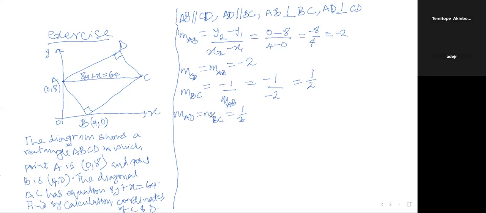So I will use point B to determine the equation of line BC using the gradient of BC that we have determined.